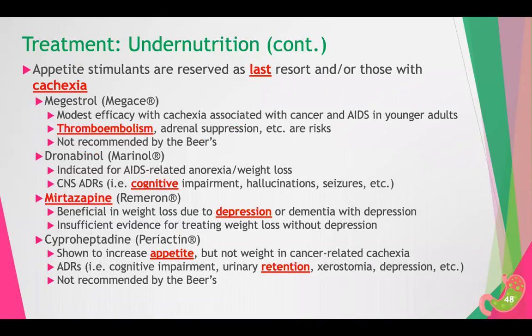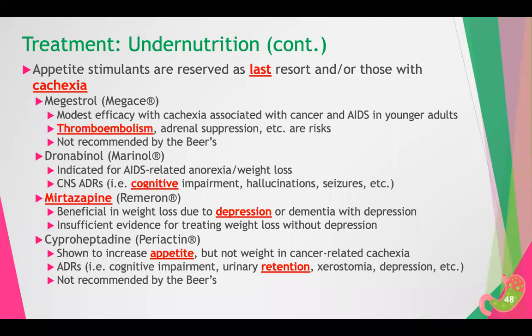Appetite stimulants will be reserved as a last resort, or for those who have cachexia. There's not enough data regarding the appropriate use, but they can be considered when other measures are unsuccessful. We do have a few things that are considered appetite stimulants.